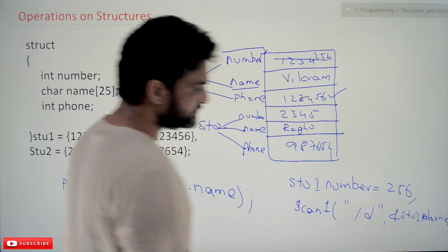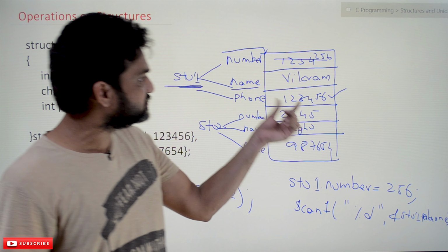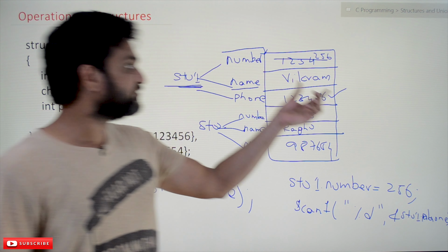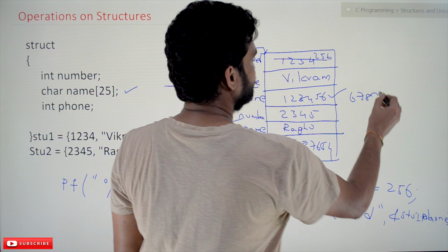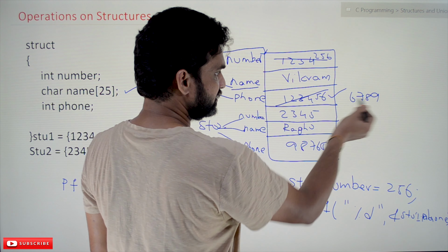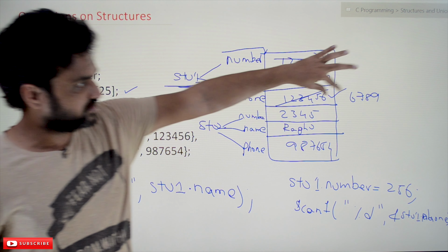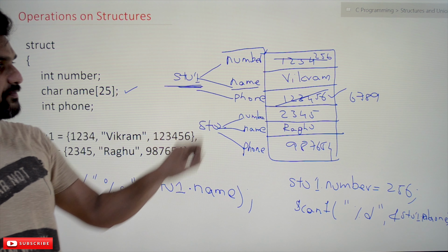So what happens with this? This is the memory location for phone, and whatever the user gives, that value will get stored here. For example, if he has given 6789, it will get stored in this place, and the old value will get overwritten. So this is how the operations can be done.